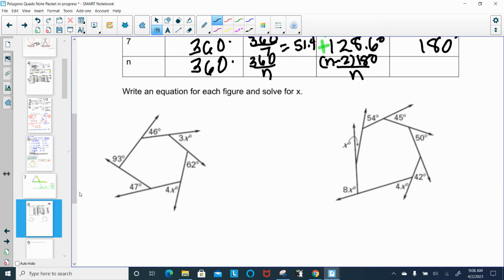Now these look like crazy messes, but they're all exterior angles. So first of all, these are exterior. We know that they add up to 360. And so we're going to set up an equation, and I'm probably not going to be able to get this onto one line just because it's kind of long.